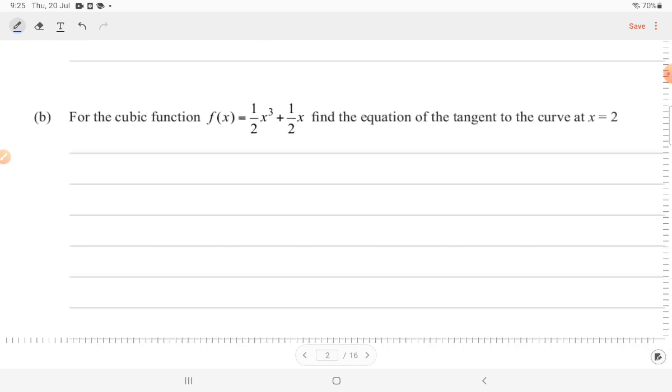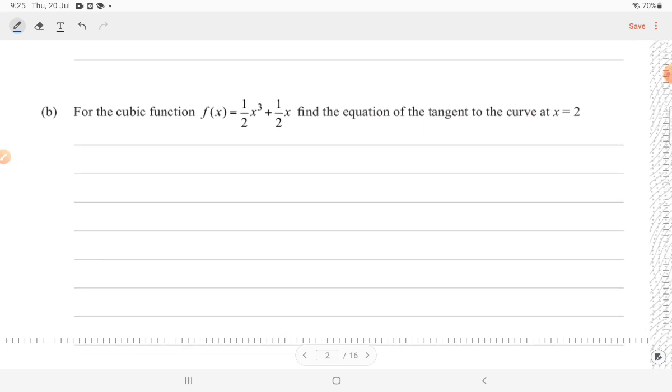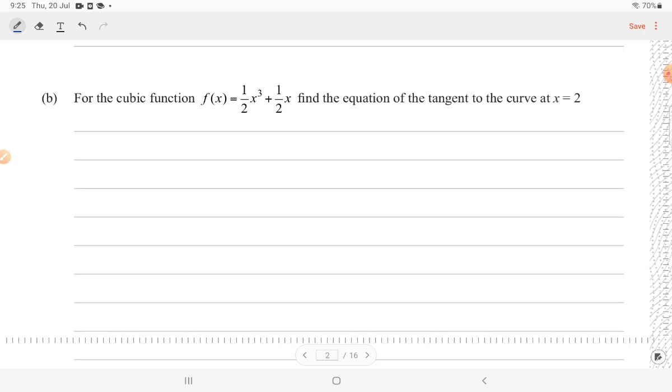For question B, for the cubic function f(x) equals half x cubed plus half x, find the equation of the tangent to the curve at x equals 2. So, for the equation of the tangent to the curve at x equals 2, we want to find the gradient, since f(x) of half x cubed plus half x will look something like this, and this is just a graph estimate.